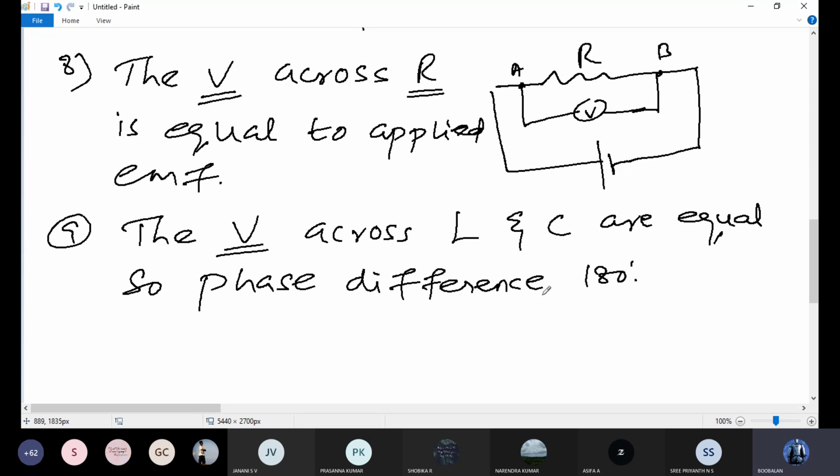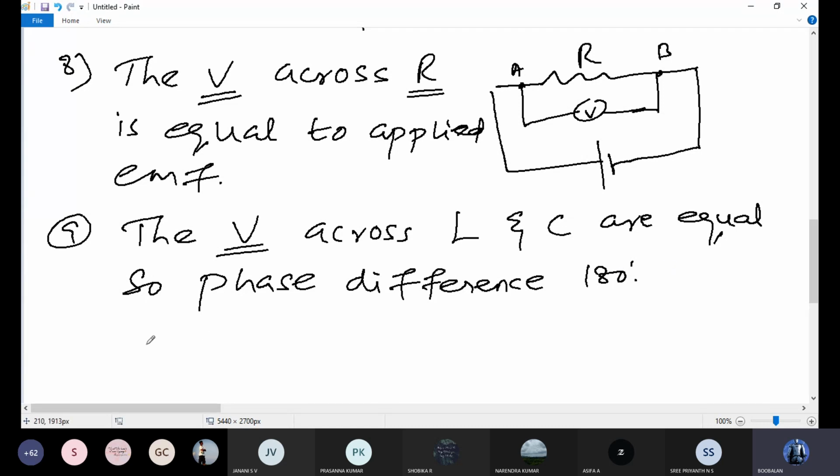So the resultant is 0. Combined resultant means combined together. So L value, C value equal, the phase difference 180 degrees. So 180 degrees means one is 0, another one is 180, so opposite.